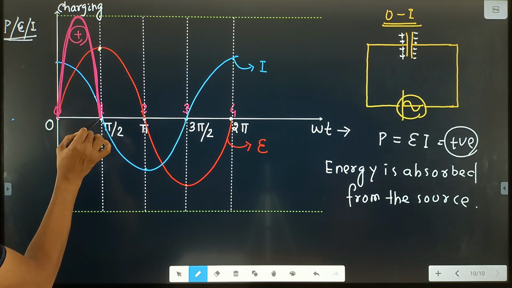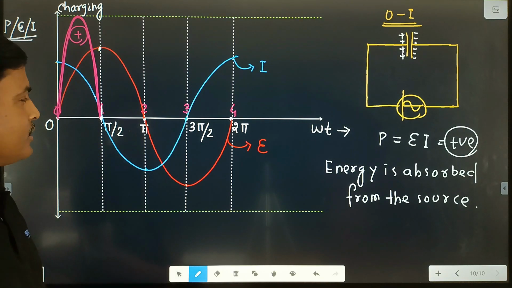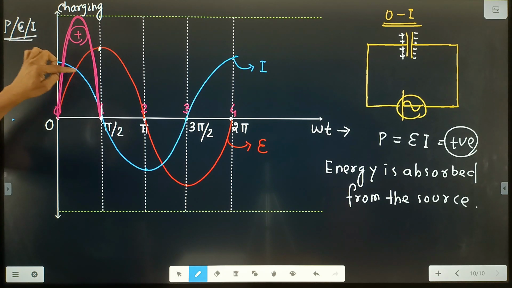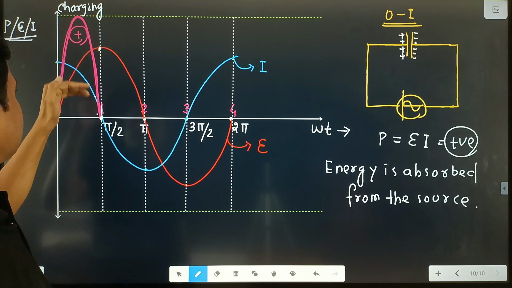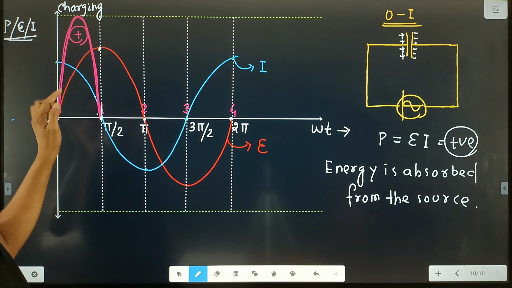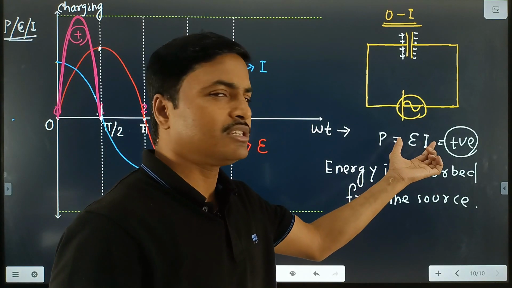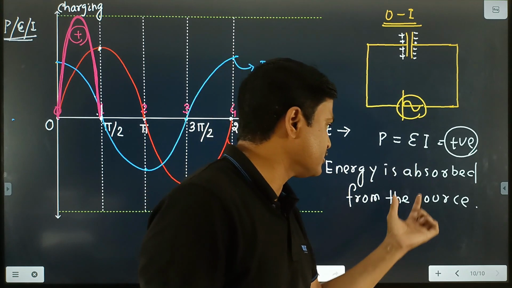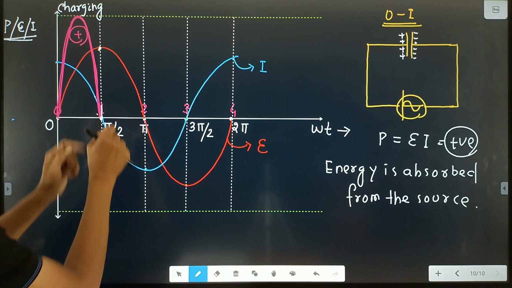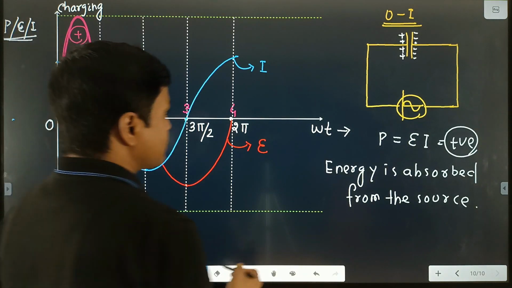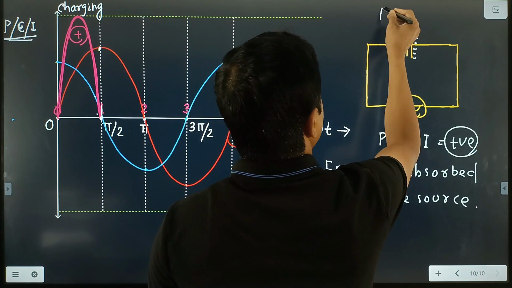At point 1, current is 0. Current and voltage are both positive between point 0 and 1, so power is positive. Power positive means energy is absorbed from the source. Clear? Then between point 1 and 2, what happened?